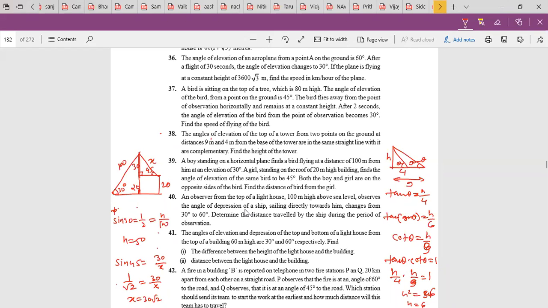Without analyzing, don't try to draw the diagram. Every time I told, if the diagram is wrong, everything is wrong. After that, check what exactly you have to calculate. What distance you have to calculate. Distance of the bird from the girl. So from girl to the bird, is it a perpendicular distance or the slant distance? Slant distance.